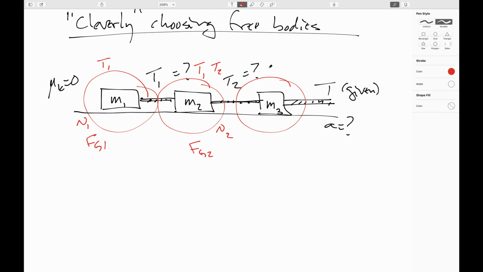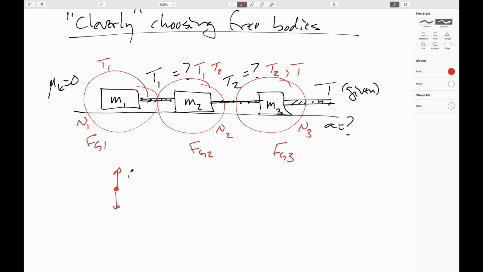Then here, we would cut through T2 in our given T without a subscript. And then we'll have normal force 3, again, no friction because we turned that off, and Fg3 for gravity. All right. And you could certainly go ahead and draw the free body diagrams for each of these.